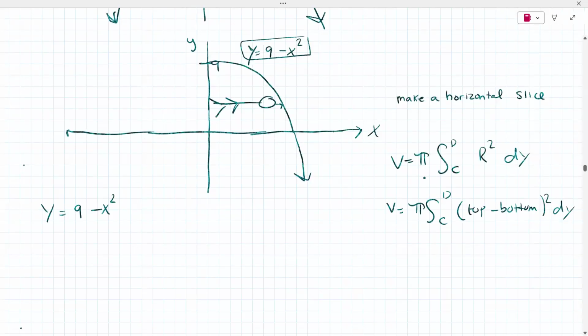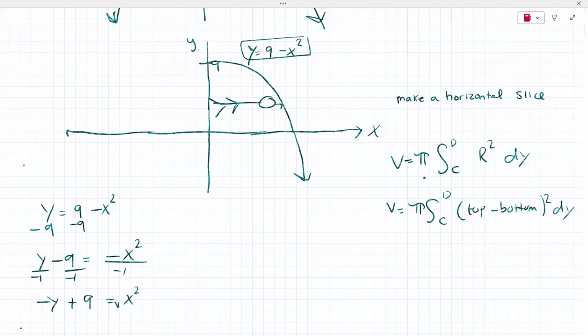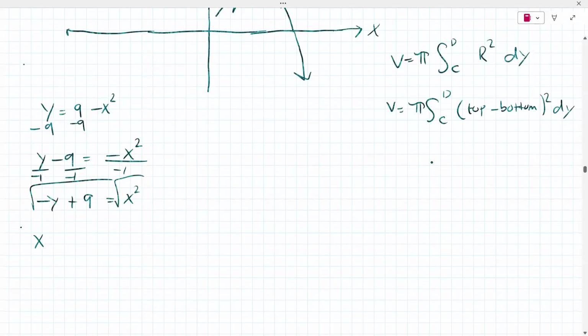So I would have to subtract 9, and then divide everything by -1. You get negative y plus 9 equals x squared. And then take the square root of both sides. So I get x equals plus or minus square root of 9 minus y.